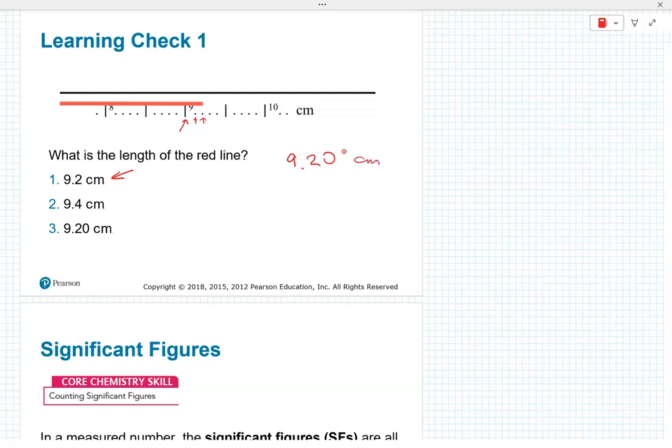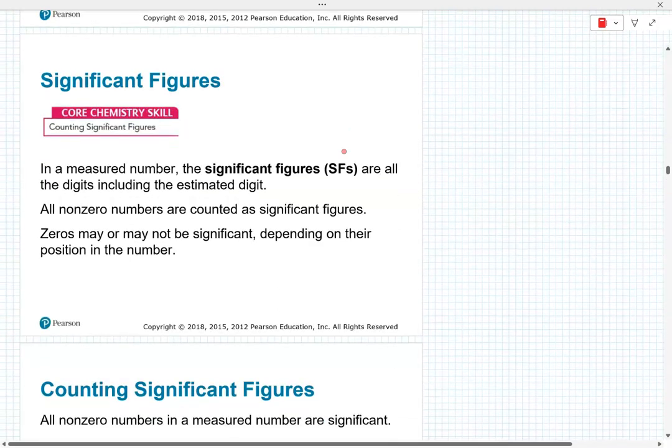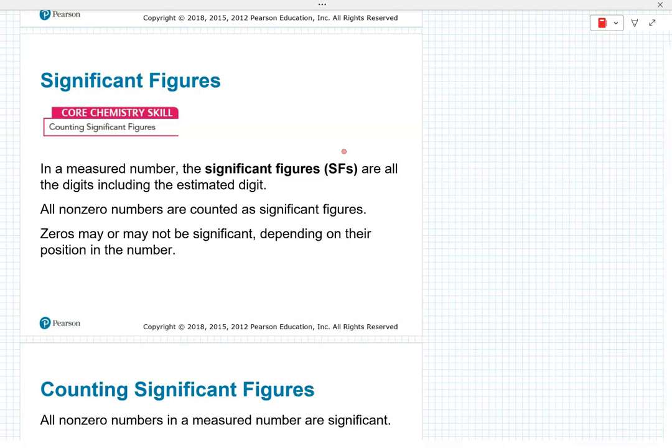Okay, makes sense? Now, you can expect to have questions about these measurements and questions about significant figures on the exam. It will be important.